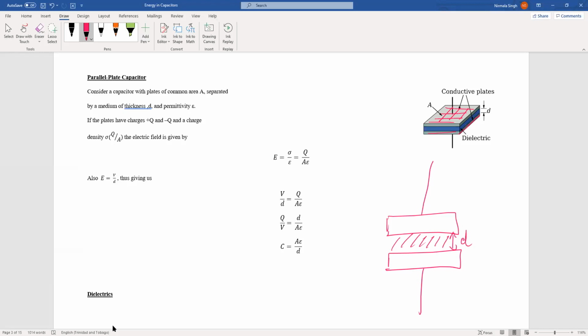So this distance between your plates is D. And the material between your plates has a permittivity of epsilon. So let's read again. If the plates have charges of plus Q and minus Q, because if it's in a circuit, you're going to have the side that is connected to the positive side of your battery and the negative side of your battery.